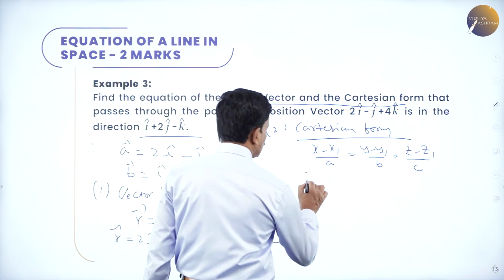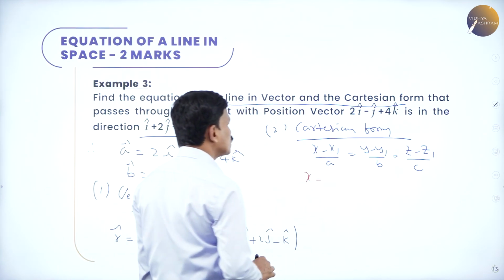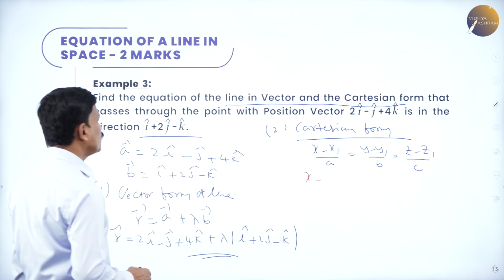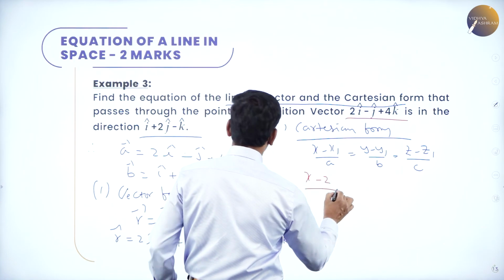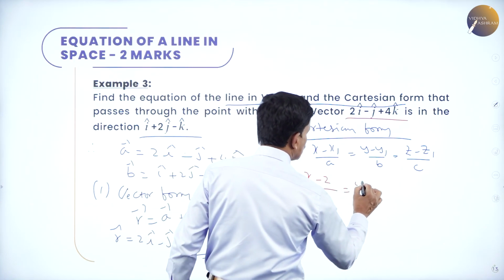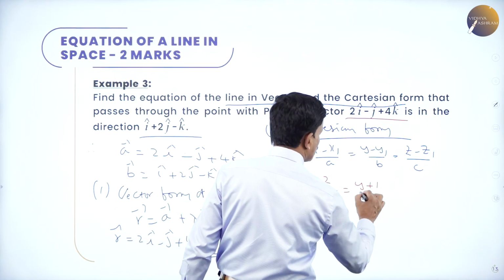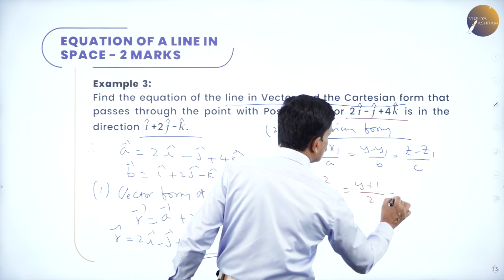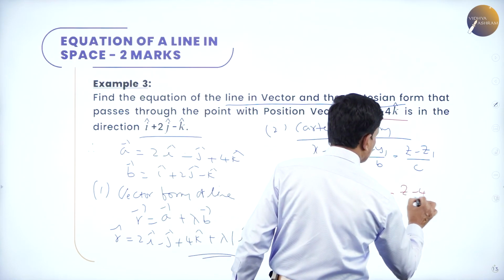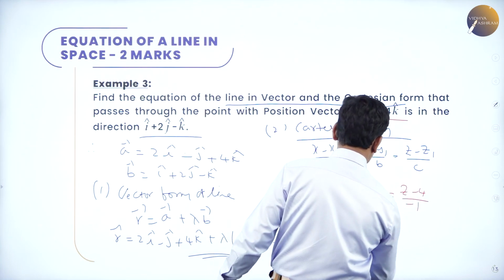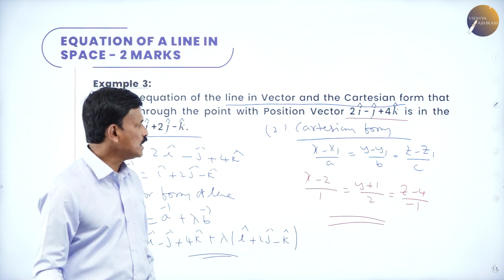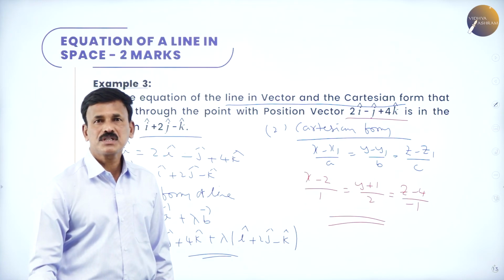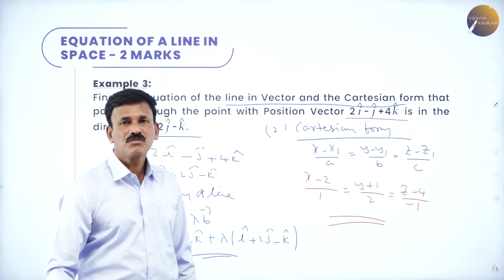So what are the values of x1? This is x1, y1, z1. So x minus 2 by 1 is equal to y plus 1 by 2 is equal to z minus 4 by minus 1. This is the required equation of the line in the Cartesian form.